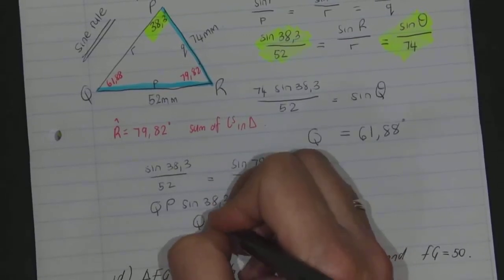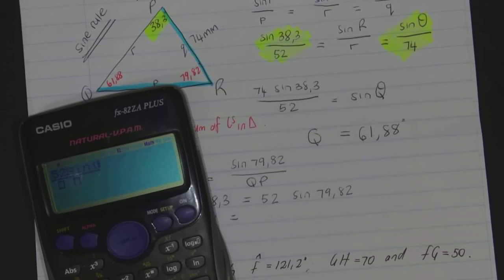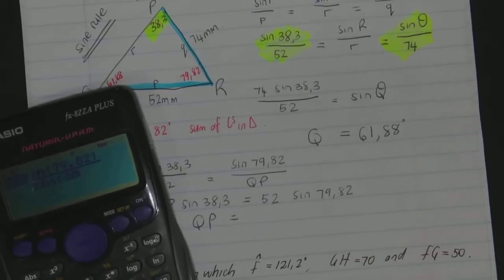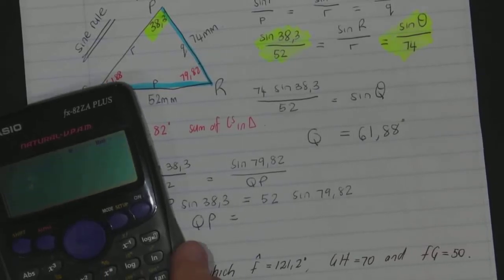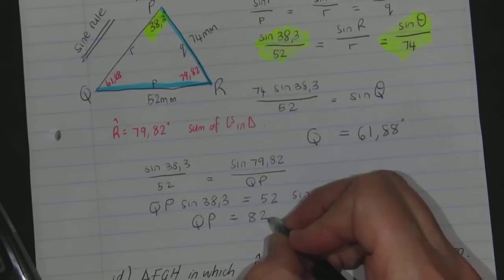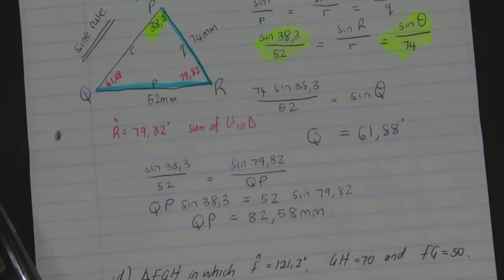Divide both sides by sine 38.3. So I'm going to have 52 sine 79.82 over sine 38.3. And my answer is QP will have a length of 82.58 millimeter. And there I've solved the length of the sides and the size of the angles.